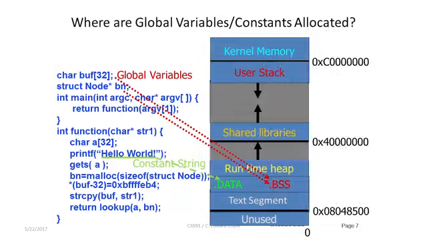In this simple program on the left side of the view graph, we have two variables. BUF is a 32-byte character array. The compiler will read this and allocate it in the .bss region, because this is for uninitialized variable data.